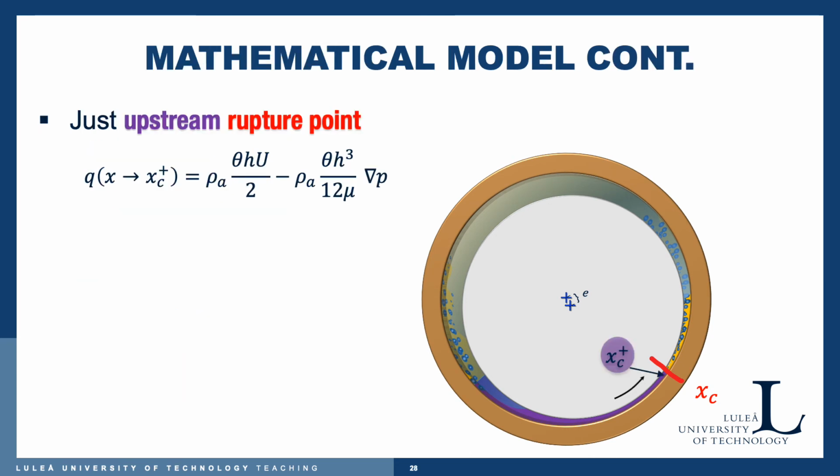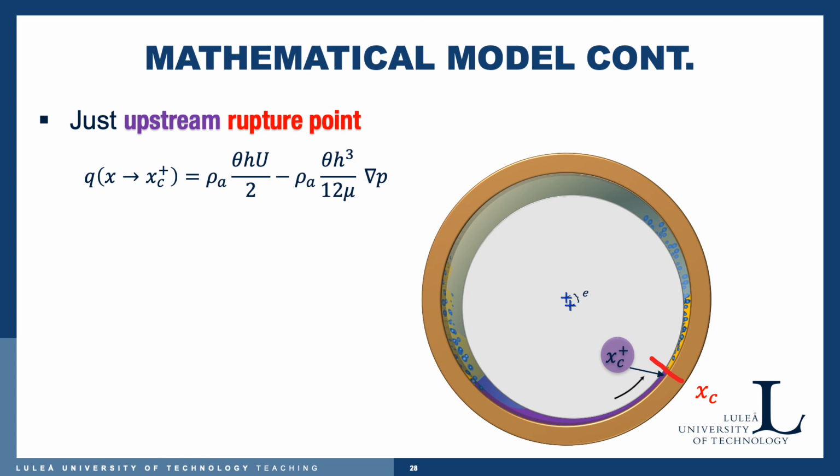Now, just upstream of the rupture point XC, we have a boundary condition telling us that the volume flow, or actually here it is the mass flow, because now we include rho A, so you can see the difference, is given by this two-term expression as before, and here rho A times theta, that's rho, the density.